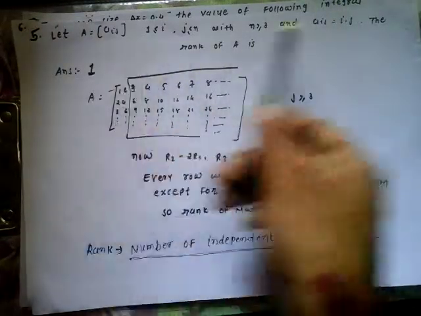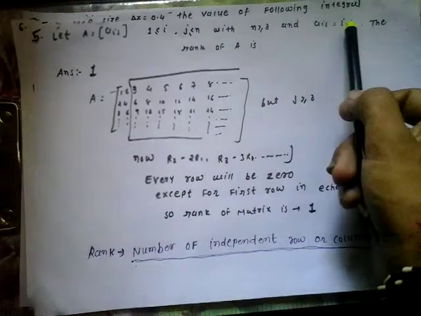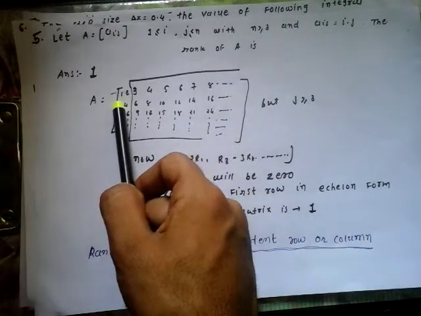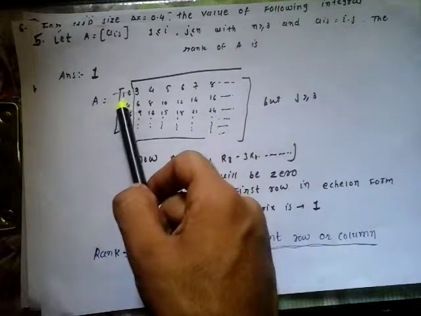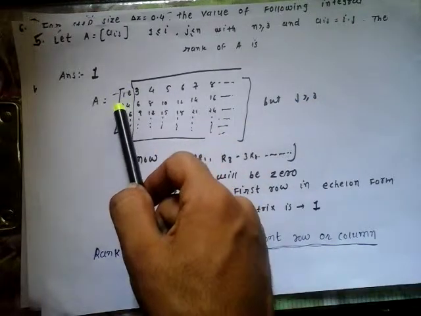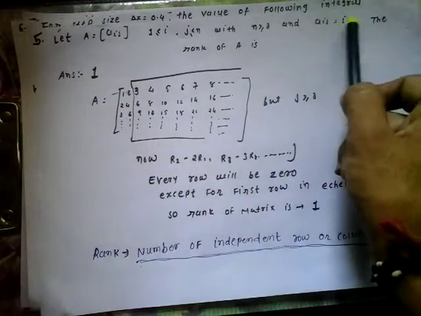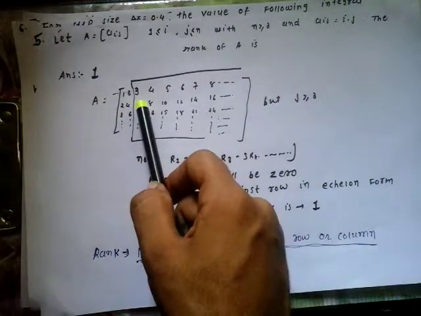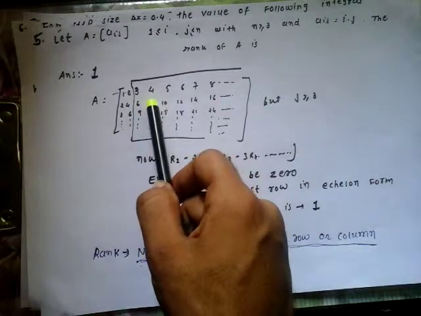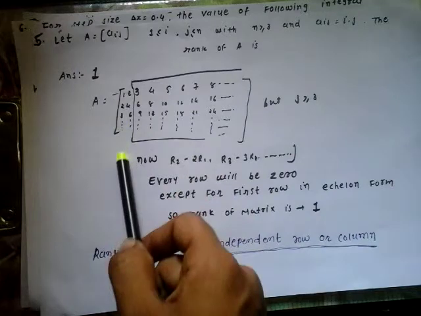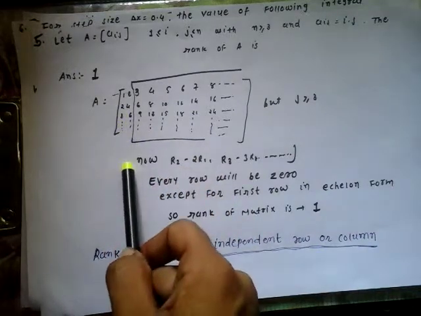And for the second row, first column, 2 into 1, second row second column, 2 into 2, second row third column 2 into 3, second row fourth column 2 into 4, and you can get the sequence. Likewise here also you can get the sequence.